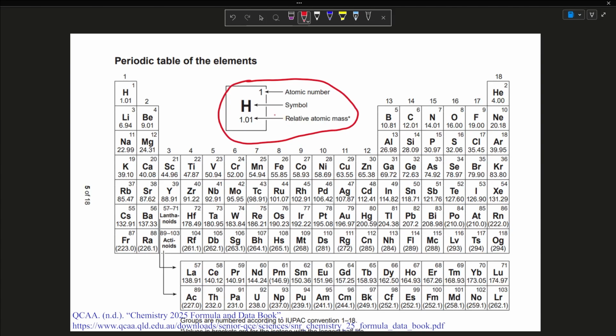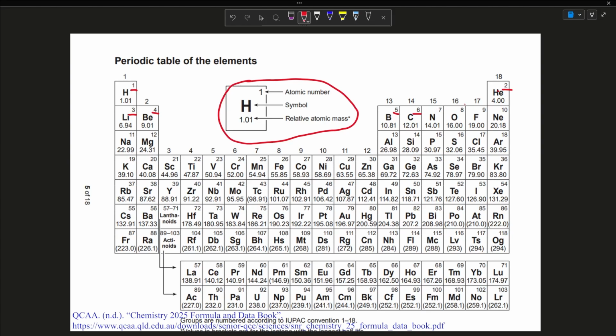Note that this notation that they're using here is not the nuclear symbol notation, but if we read from left to right and then go down each row and continue reading from left to right, we can see that the atomic number, which is the number of protons, is 1 in hydrogen, and then goes to 2 in helium, 3 in lithium, 4 in beryllium, 5 in boron, 6 in carbon, and so on.